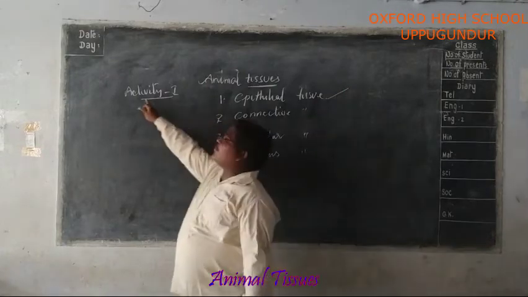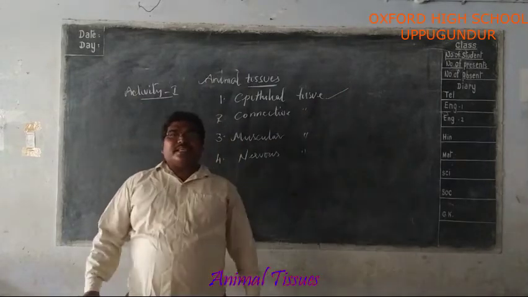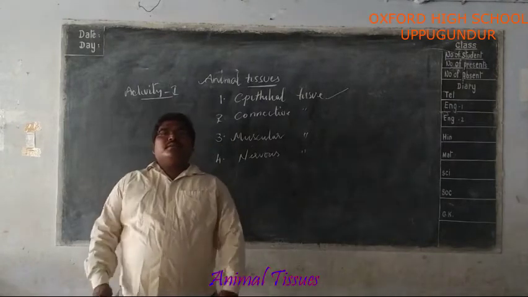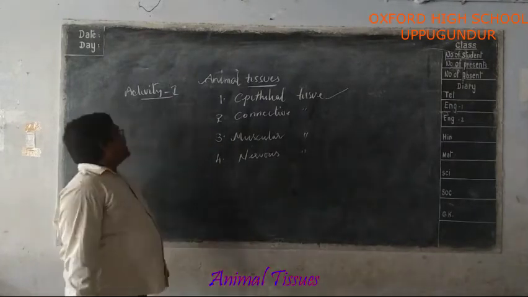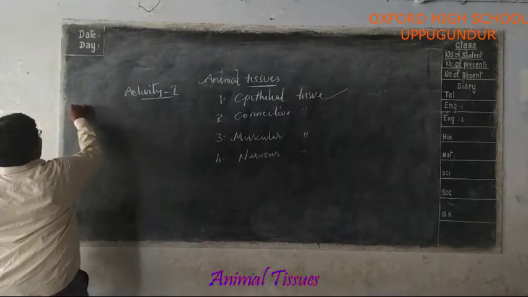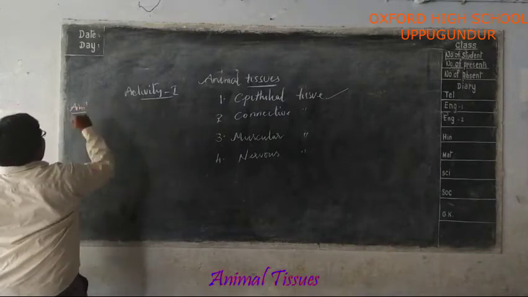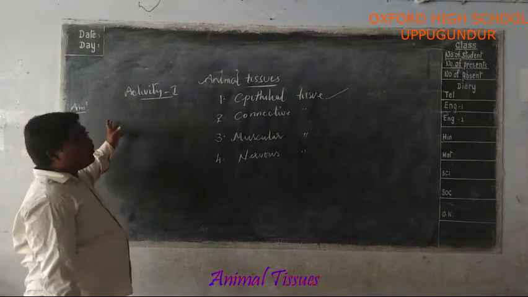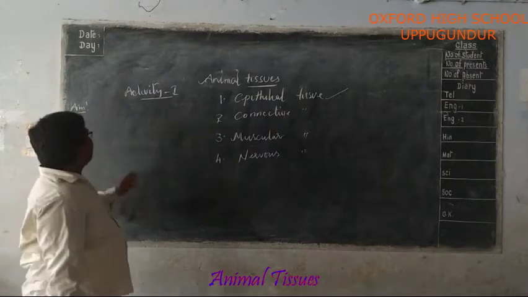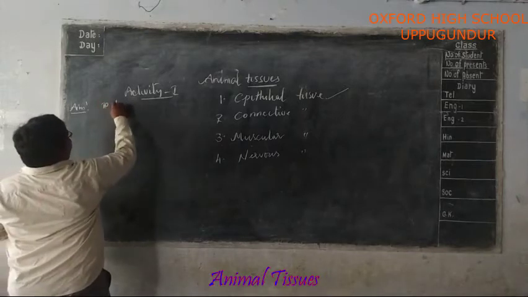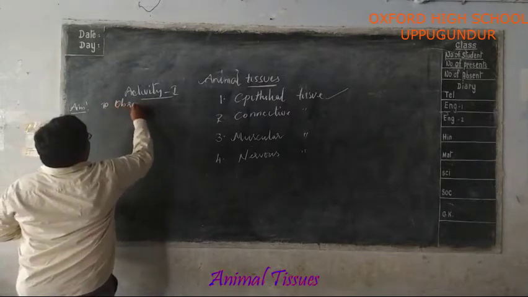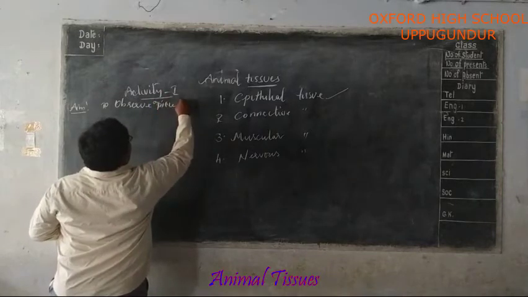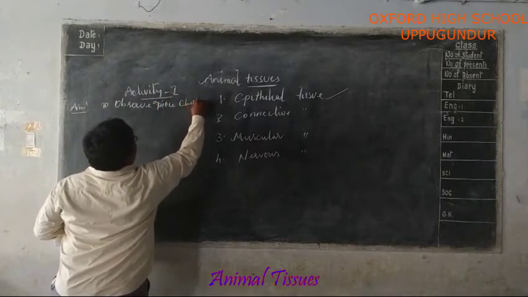For this we need to perform one activity. To do this activity, we have to follow a process. That is the aim of the activity: to observe the material we collected. Okay, that means to observe a piece of chicken.